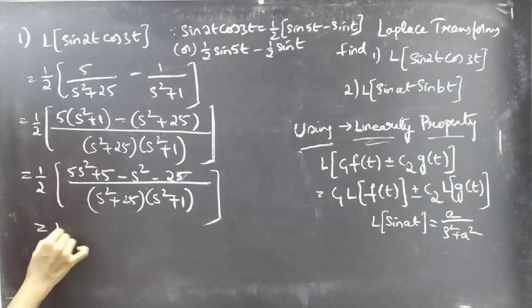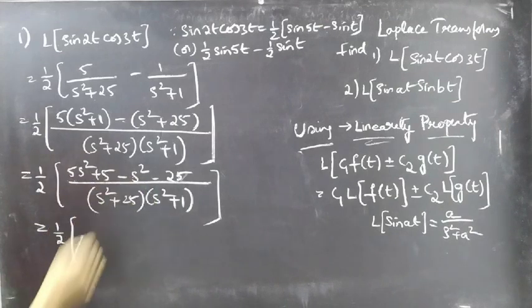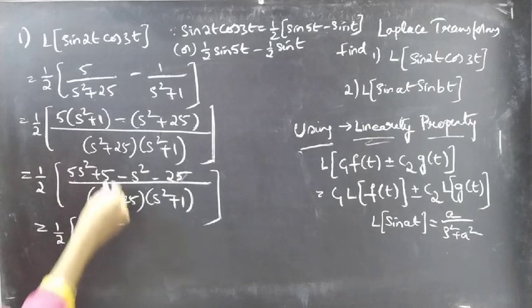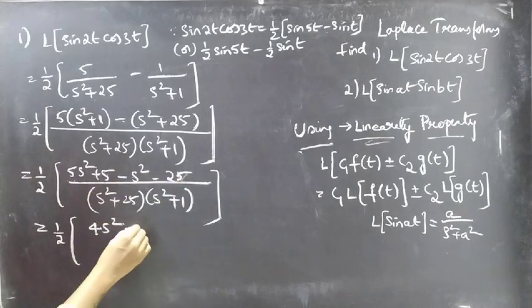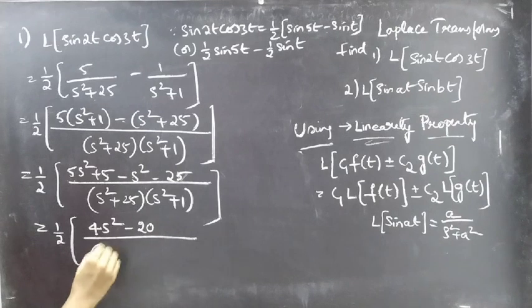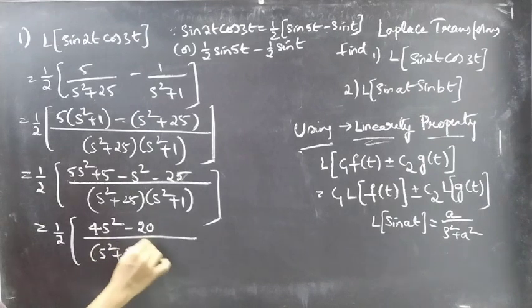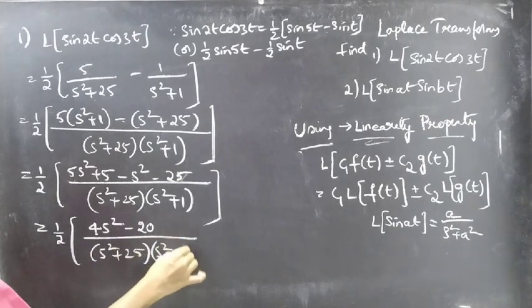This gives us 5s square minus s square is 4s square, plus 5 minus 25 is minus 20, by s square plus 25 into s square plus 1.